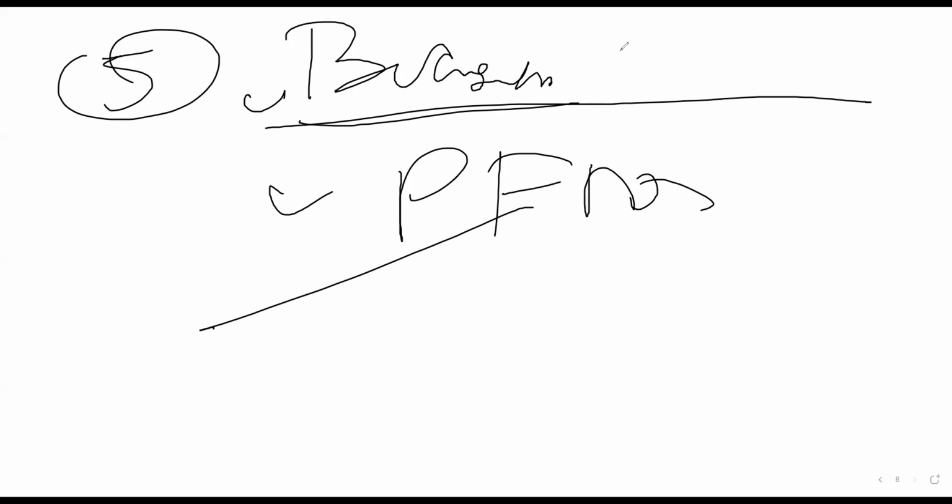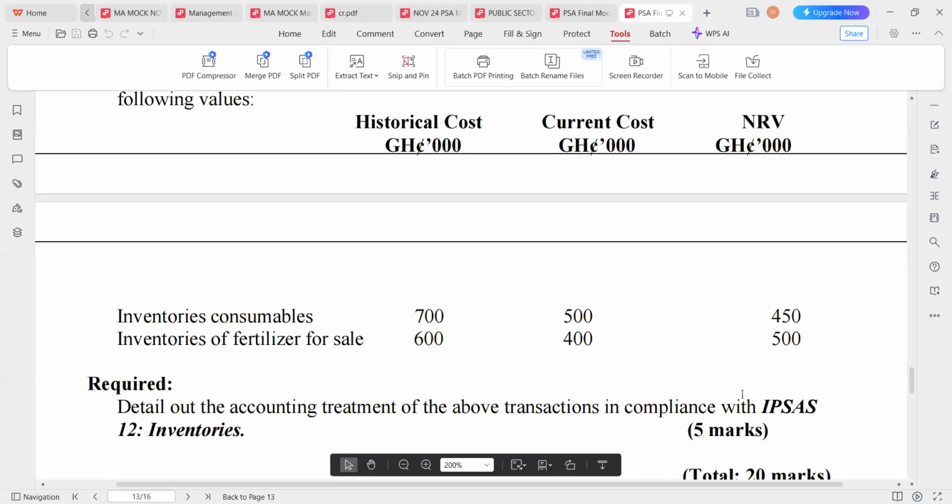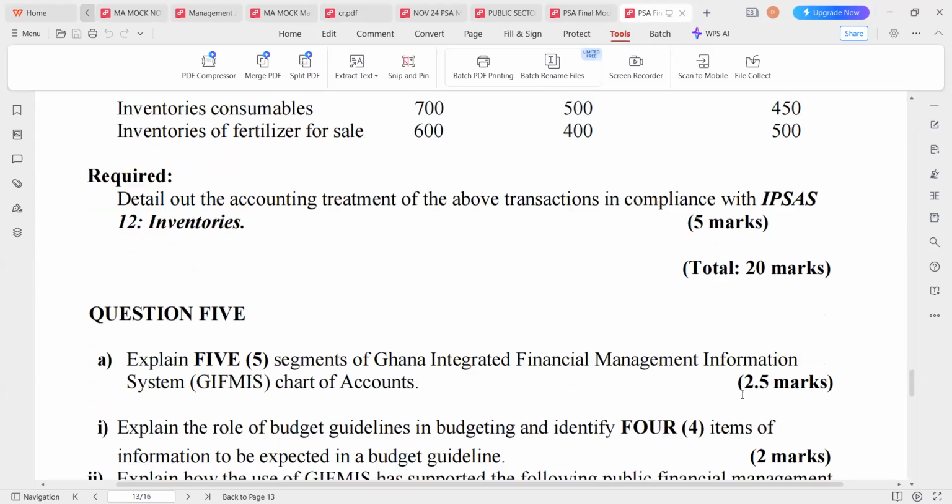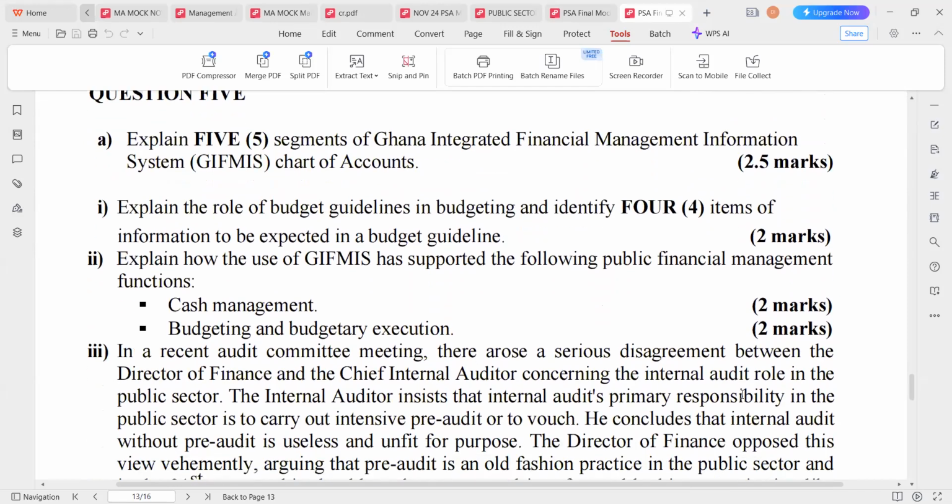So let me go to question 5 and then show you what you have to do. These are your question 5 look-alikes.